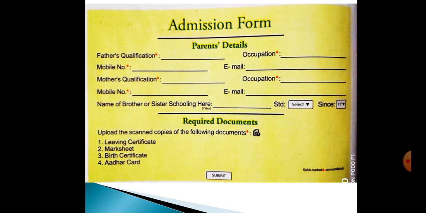Otherwise, you fill here dash or no. And suppose they are studying here in the same school, select their standard and since, from which year they are studying here. So select the standard and since, from which standard they are studying here.